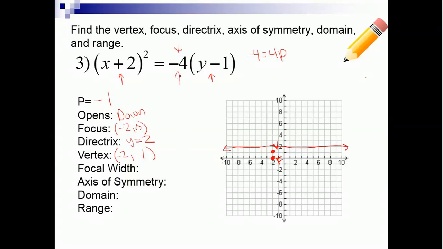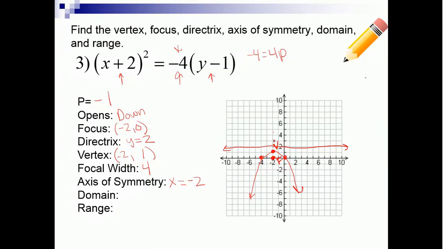Focal width, it's going to be that 4 right there. So around my focus, I'm going to put 2 dots here, just like that. Let's go ahead and draw. There we go. My axis of symmetry, that is going to be x equals negative 2, right?